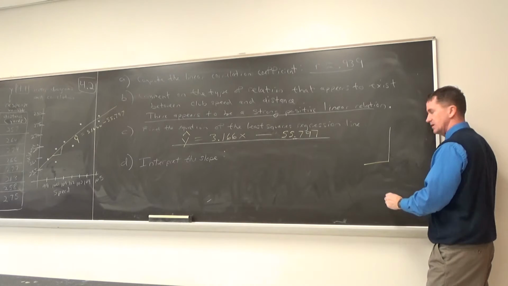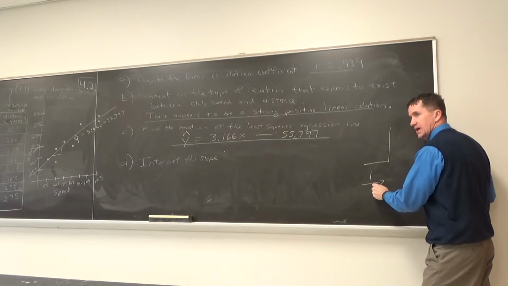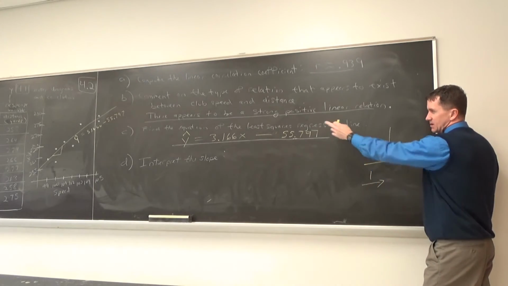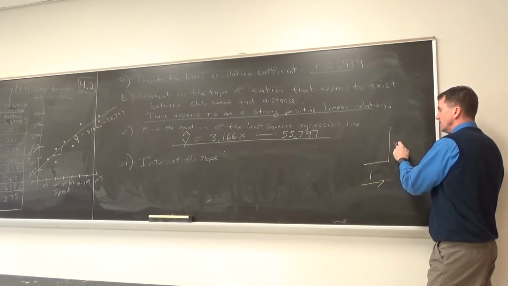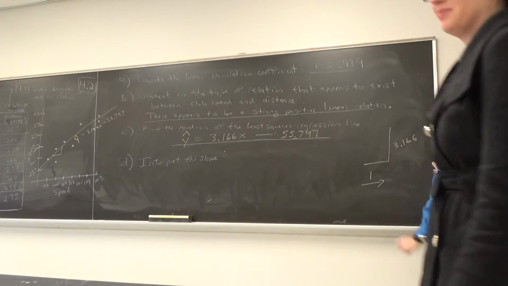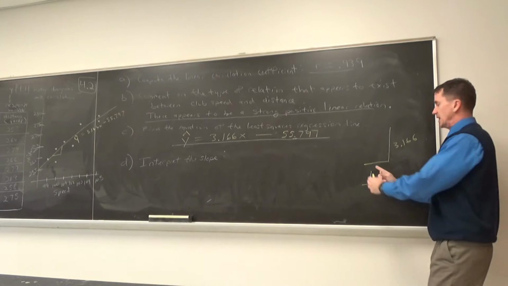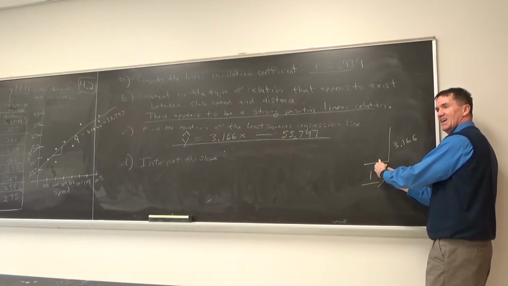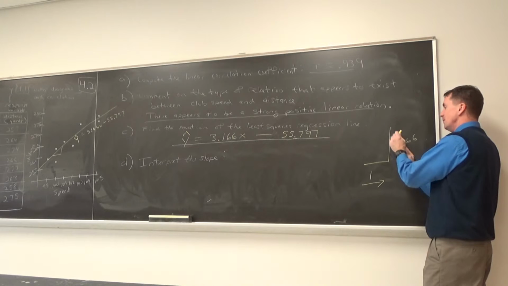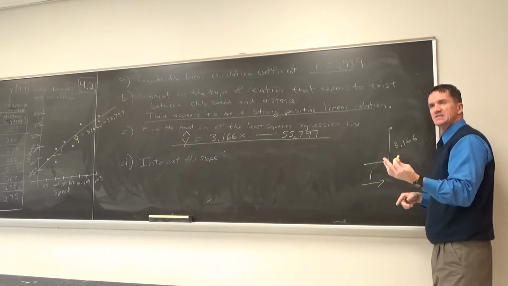What I'm saying, everyone, every time I go 1 in that direction, it appears that the line went, what's the slope? 3.166. The line rose 3.166 notches. That's what appears is happening, okay? So every time I go 1 this way, the line is going up 3.166 this way, right?